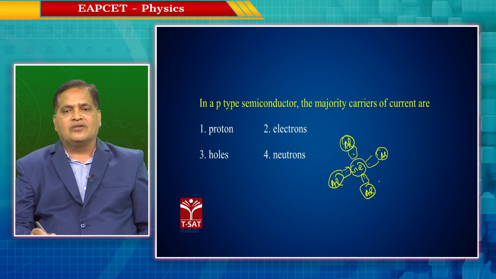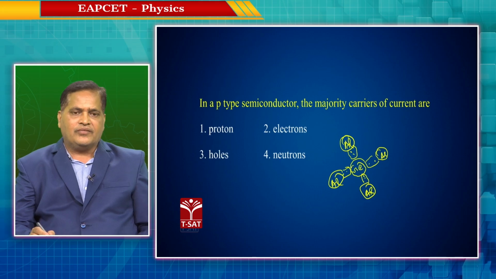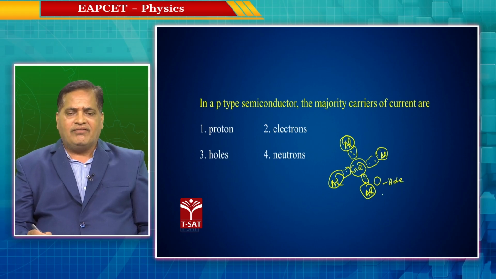Aluminum on the outer side has only 3 valency electrons. Here one, here one, here 3 to 3 covalent bonds are formed, but on the aluminum side one is empty; this empty is called a hole, okay children, hole. When germanium or silicon is doped with trivalent substances, conductivity increases, flow of electrons increases because of holes.